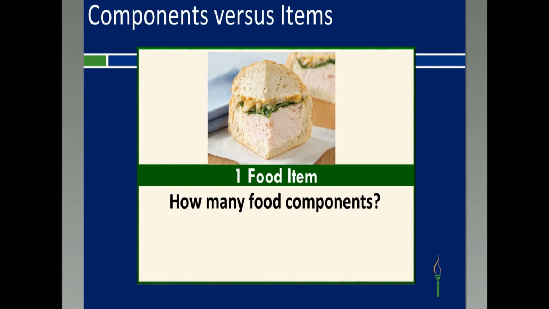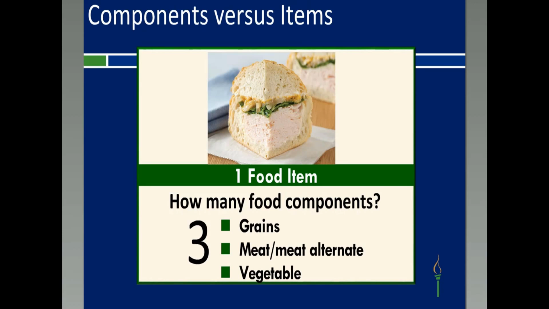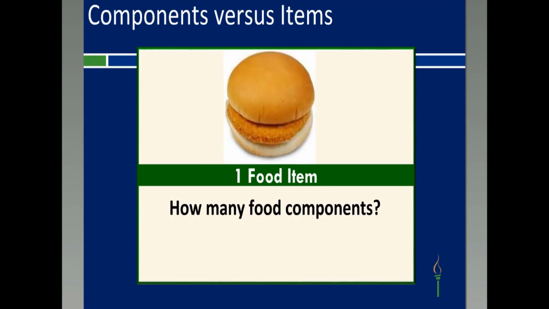It's considered one food item, but it might have 3 total components in it. The lettuce, maybe some pickles and onions and tomatoes on the sub sandwich might be comprised of a full vegetable component, your meat on the turkey sandwich, and then your grain consisting of the bread.